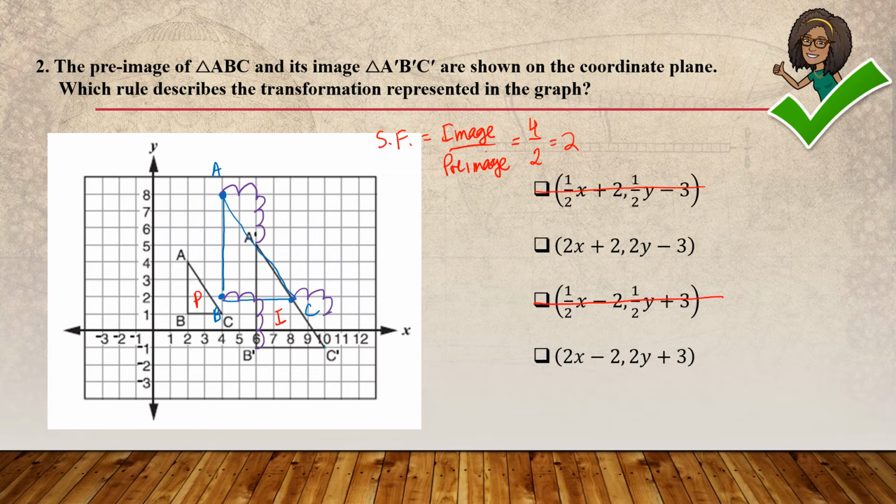So we see that it's moved 2 to the right, which is along the x-axis, plus x, and then 3 down, which is y minus 3. So we're looking for one that says x plus 2 and then y minus 3. So x plus 2, y minus 3 is the second option, so we can automatically eliminate this one.